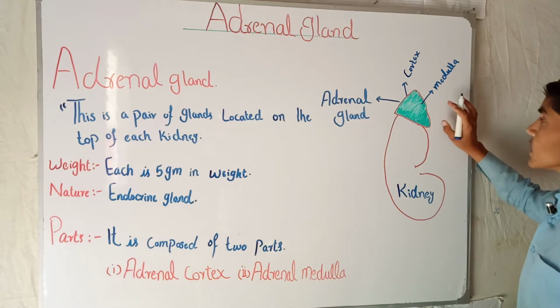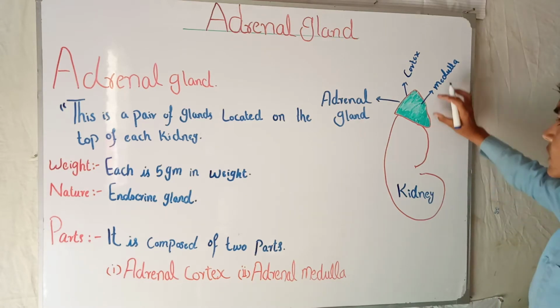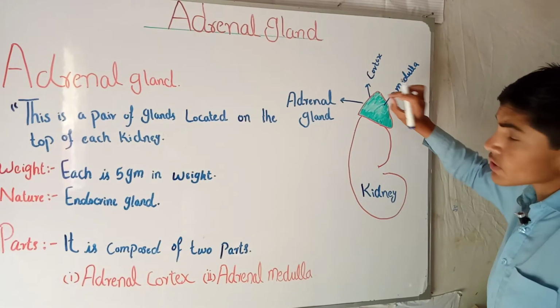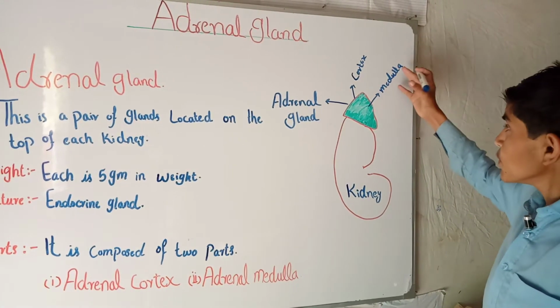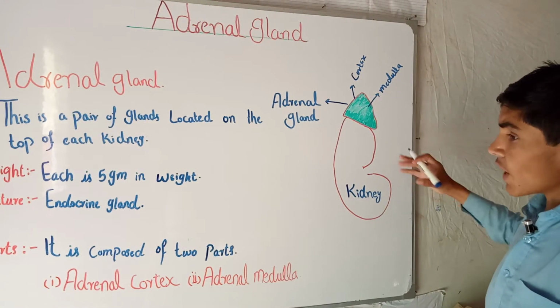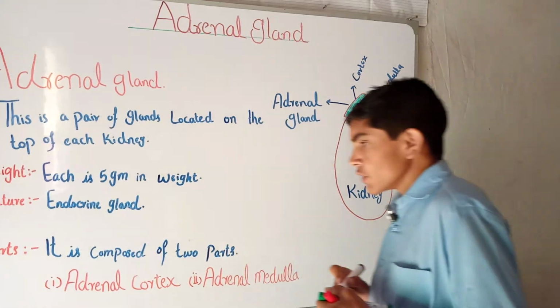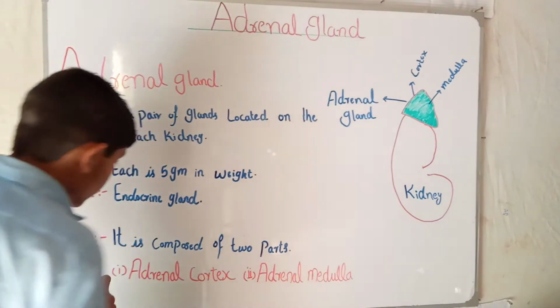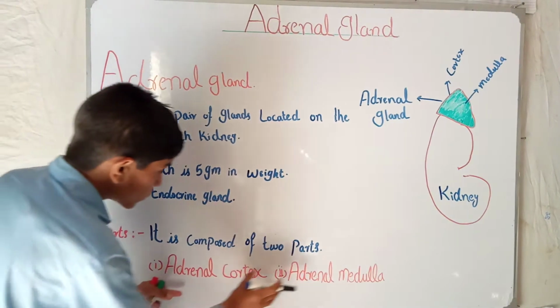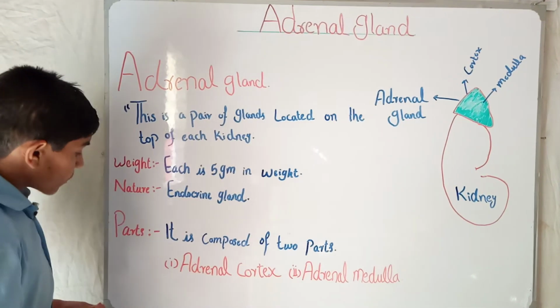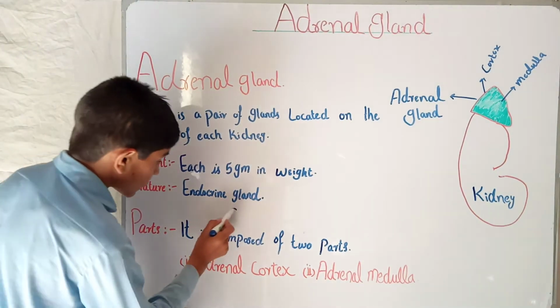So the adrenal gland is composed of two parts: the adrenal cortex, which is the outer part, and the adrenal medulla, which is the inner part. And we are going to talk about the secretion of these two parts of the adrenal gland.